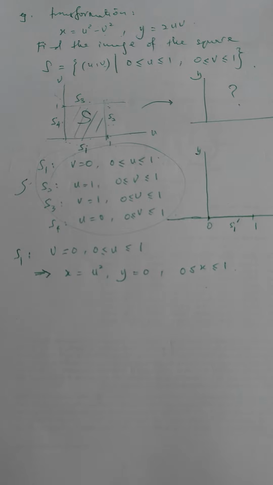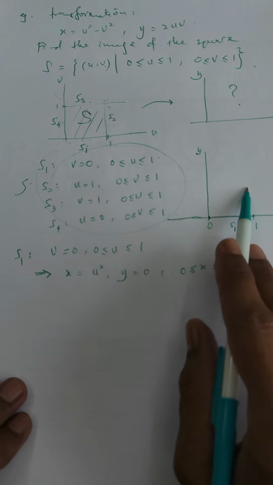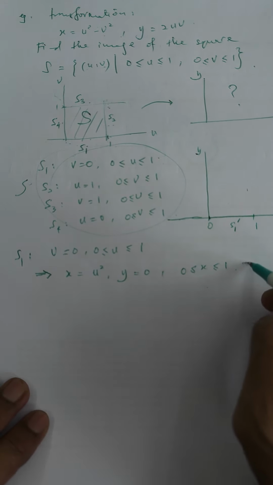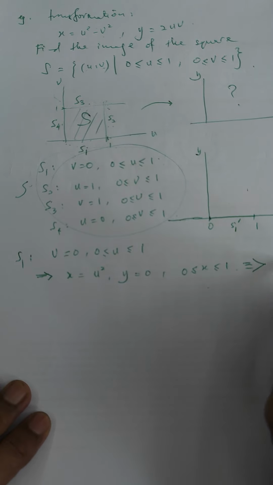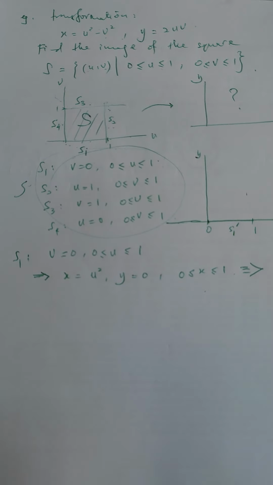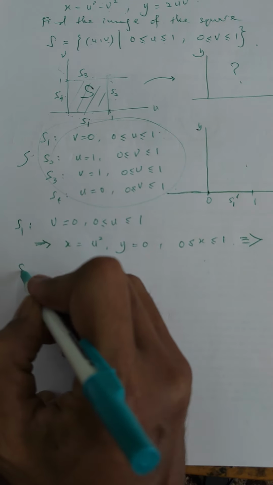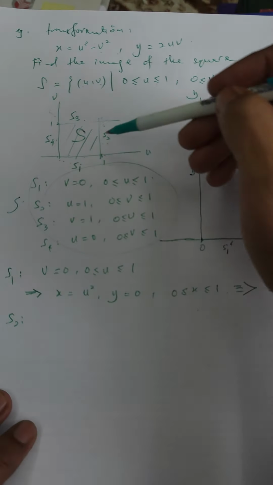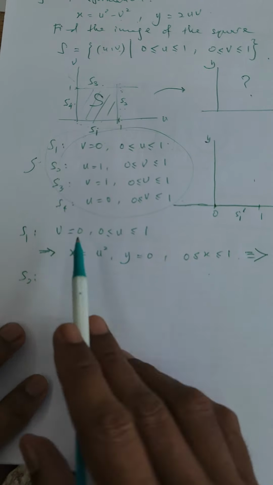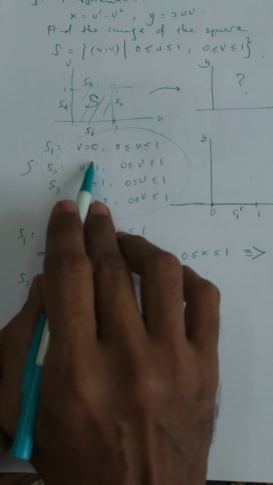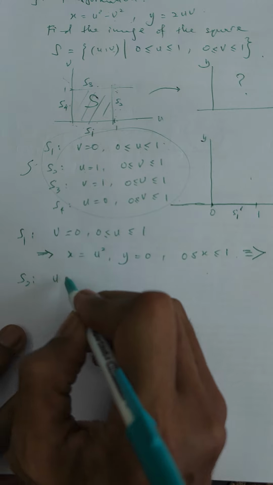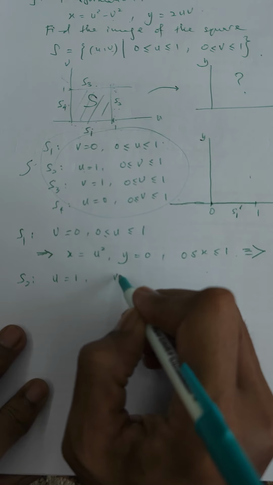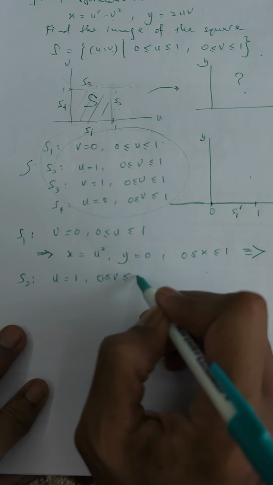So this line transforms into S1 prime. Now consider S2. For S2, U is defined as U equal to 1 and V from 0 to 1.